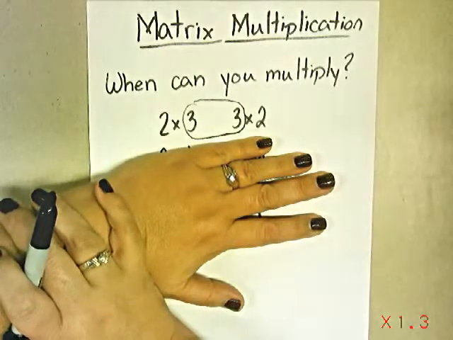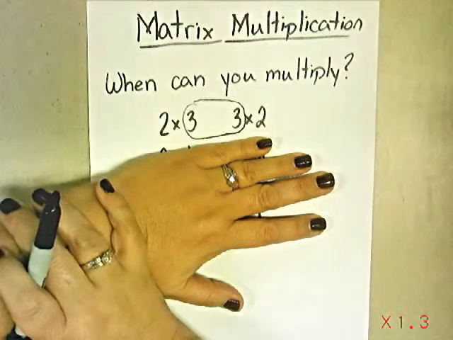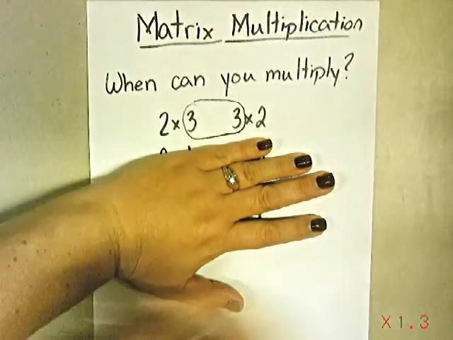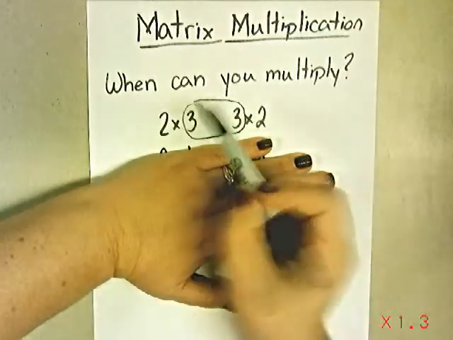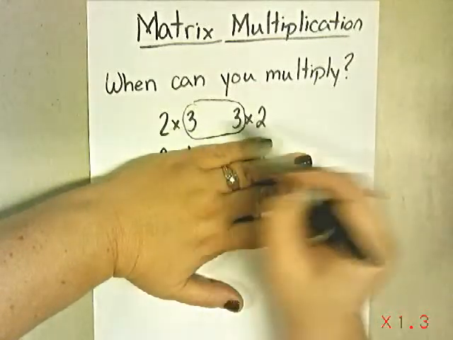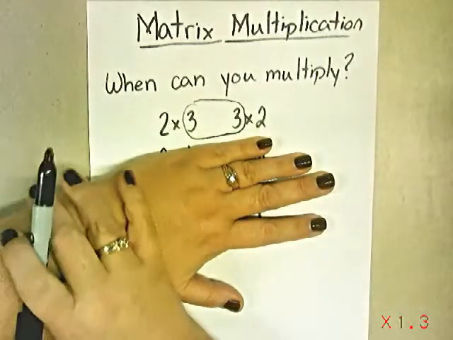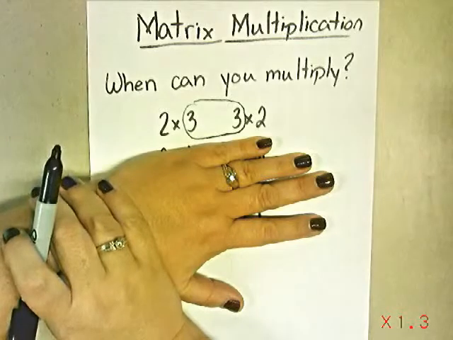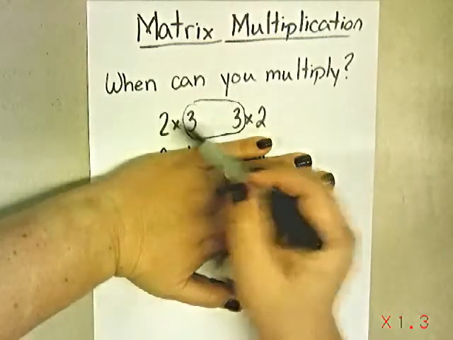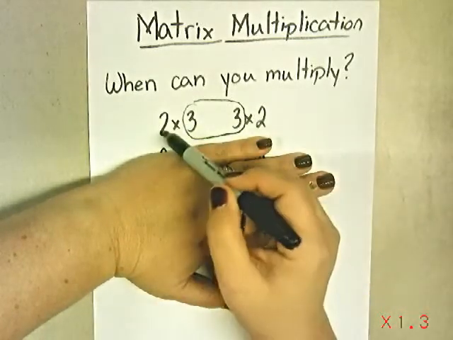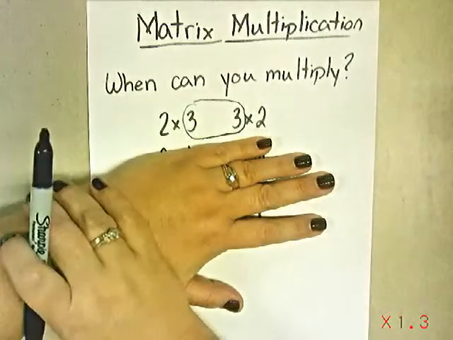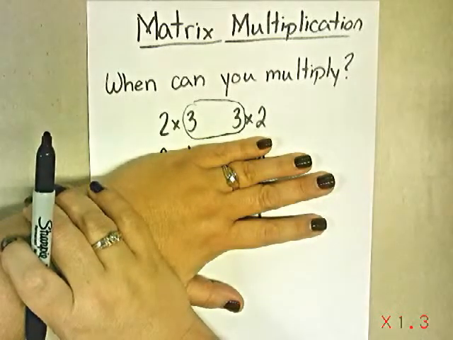So that's really nice when you come to those kind of problems, because you don't have to do any work. Then there's another cool trick here. The numbers that are on the outside tell you what your finished matrix should look like. So if we were to multiply these two matrices together, we would end up with a 2 by 2 matrix as our answer.